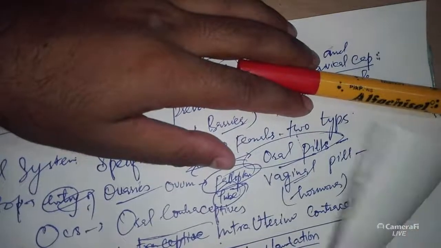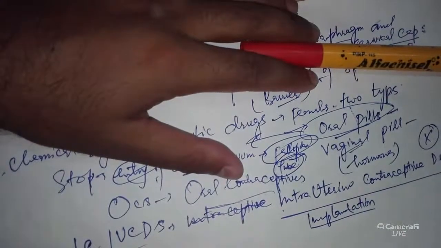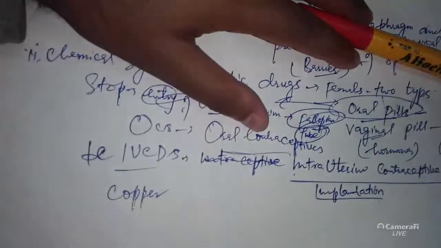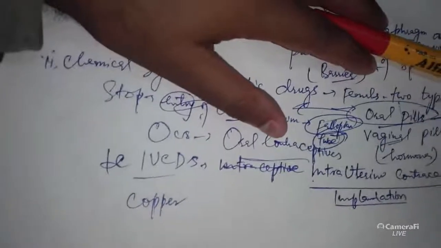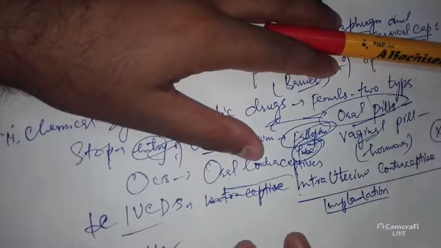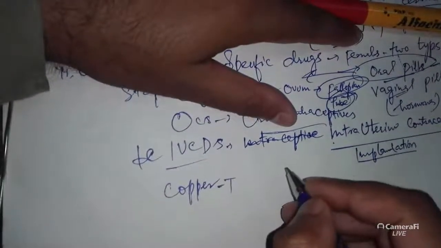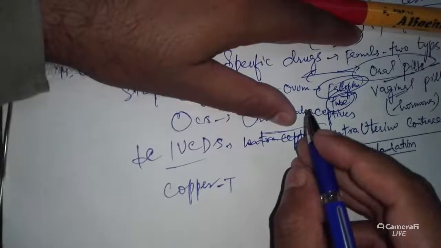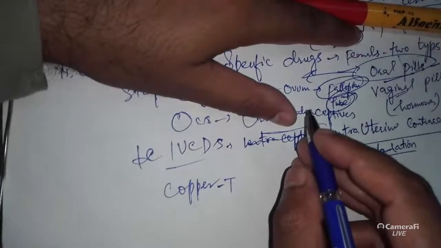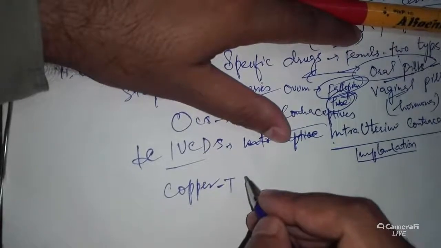For example, copper T is available. It is placed safely inside the uterus by a doctor or a nurse.